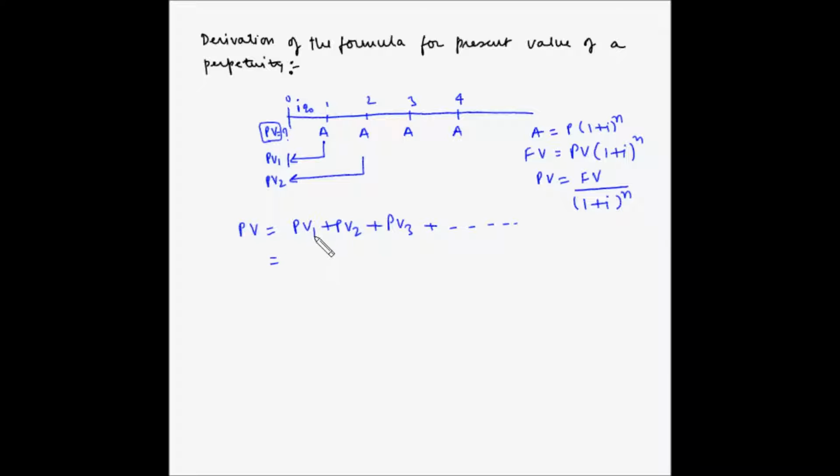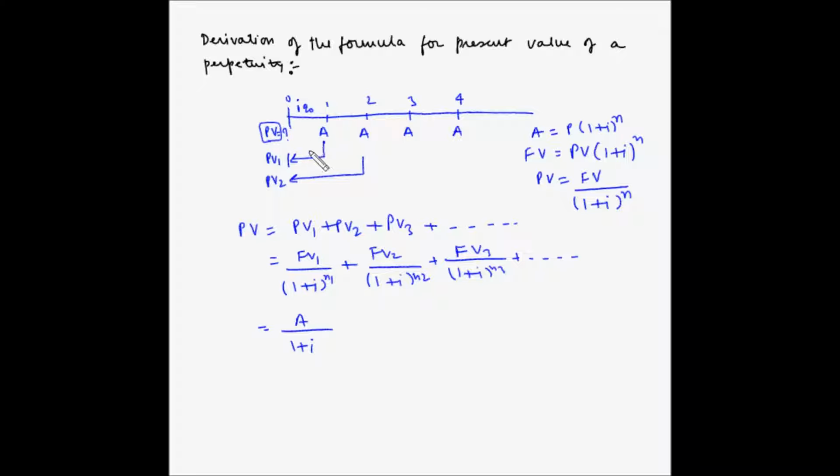So our PV1 is FV1 divided by 1 plus I to the power n1. PV2 is FV2 divided by 1 plus I to the power n2. PV3 is FV3 divided by 1 plus I to the power n3 and so on. Now FV1 is A, 1 plus I, and n1 is 1.